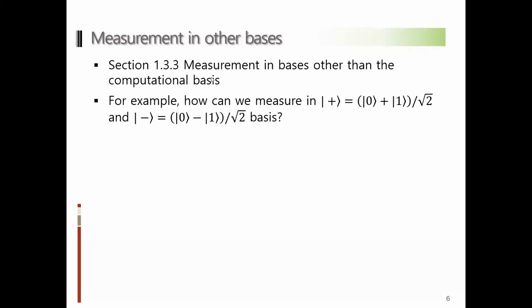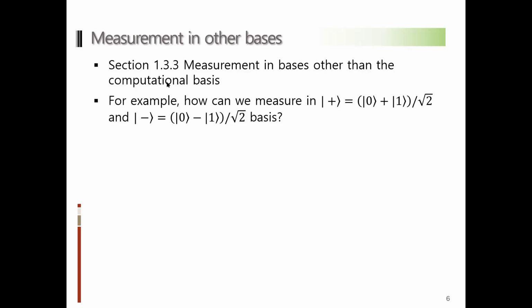However, we know that in quantum mechanics, the third postulate says that each measurement generally has a corresponding measurement operator, and depending on the definition of the measurement operator, we can measure in different bases because the measurement result corresponds to the eigenvectors of the measurement operator. So in principle, we should be able to measure in different bases.